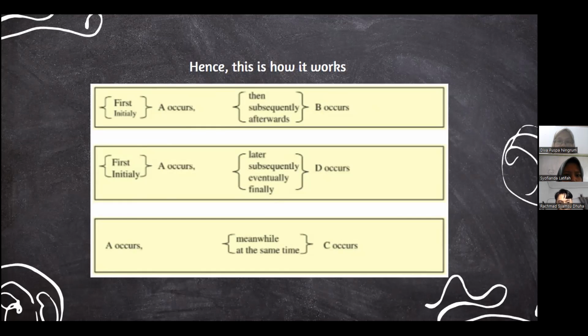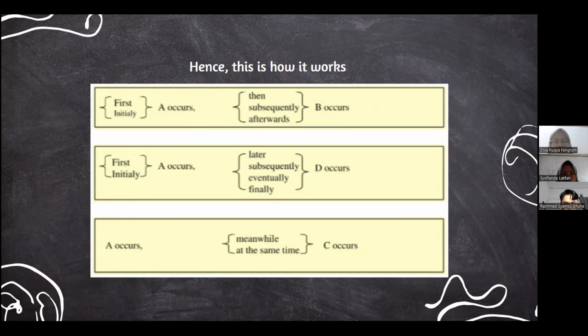For example, A occurs, then B occurs. A occurs, subsequently B occurs. And then lastly, A occurs, afterwards B occurs.